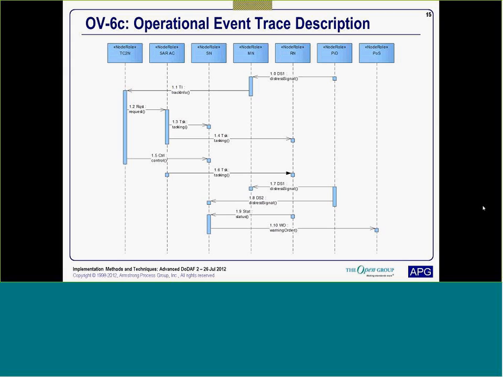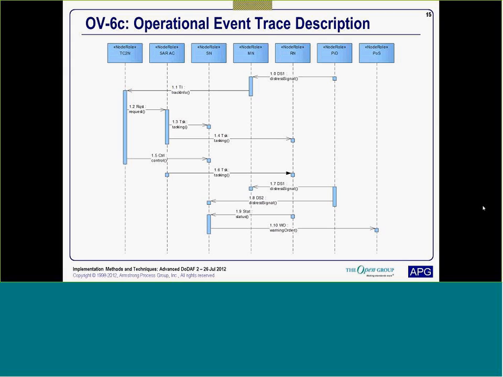So if you understand sequence diagrams, you know that what gets generally put on a sequence diagram are instances of a node. And here I have this notion of node roles that correspond to the various nodes in some other part of our operational diagram, and then the sequence of messages that flow back and forth.